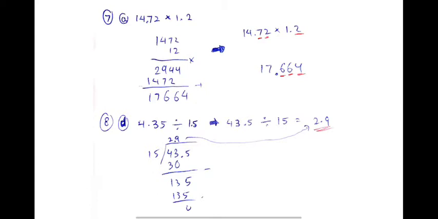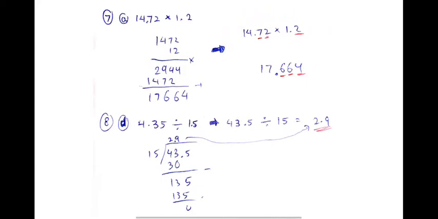So the way you're going to do it is you just multiply it as usual. And then after you're done, you look for the decimal places. So there are 3 decimal places in total, right? 2 come from the 14.72 and 1 comes from the 1.2. So in total there will be 3.